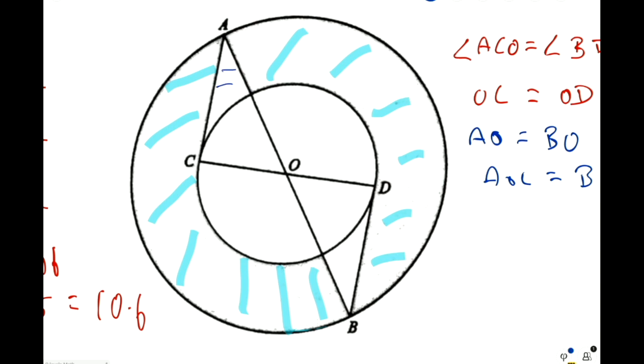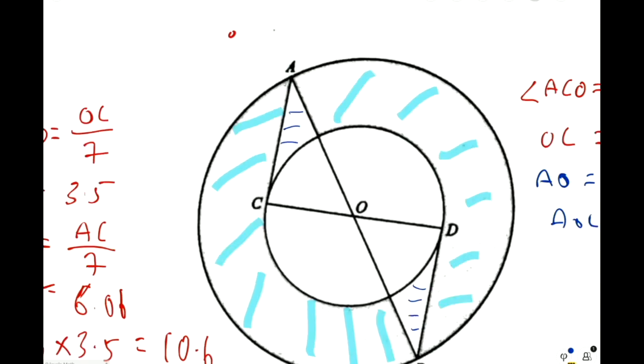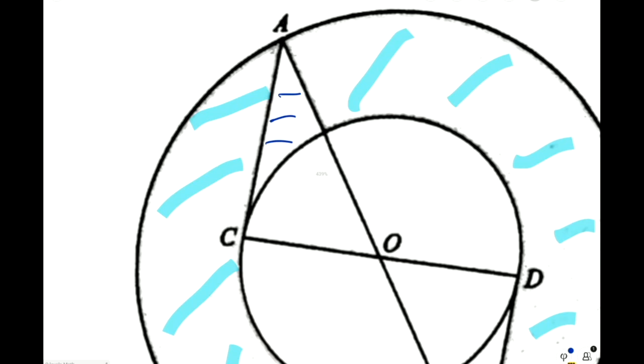You know this part? Okay, how to find this part, the blue shaded part? To find the blue shaded part, we're going to take this triangle.